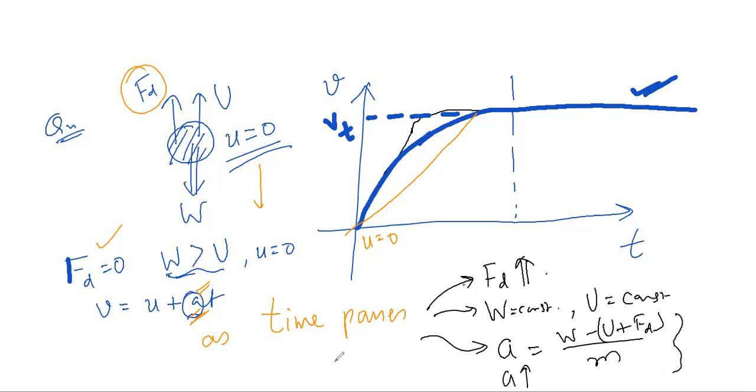After that, acceleration becomes zero, when W is equal to U plus Fd. After that time, this object is moving with constant velocity, which is called terminal velocity. So this is the graph of any object which is falling down in some medium which is providing a drag force.